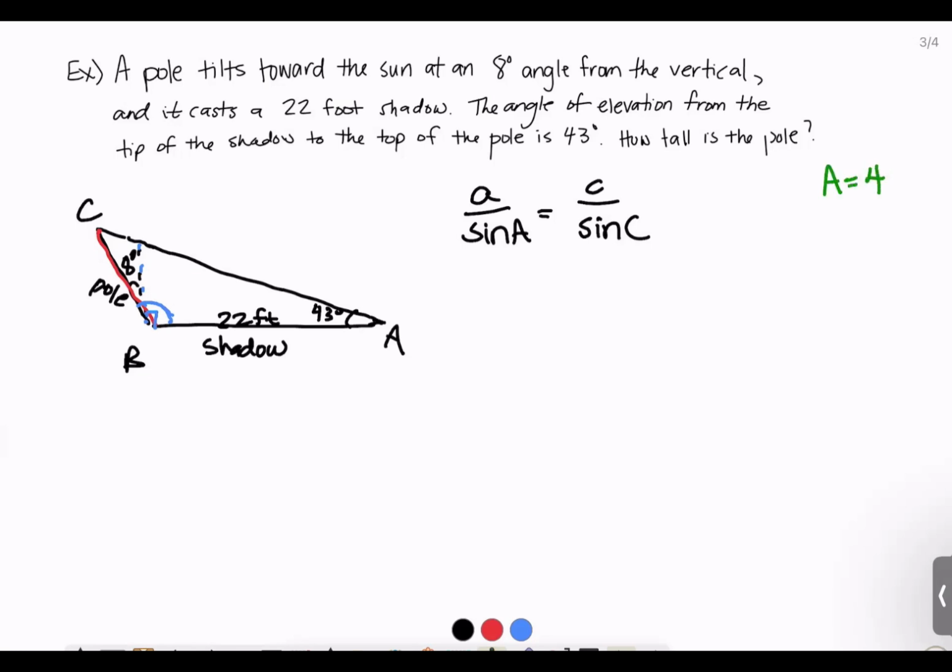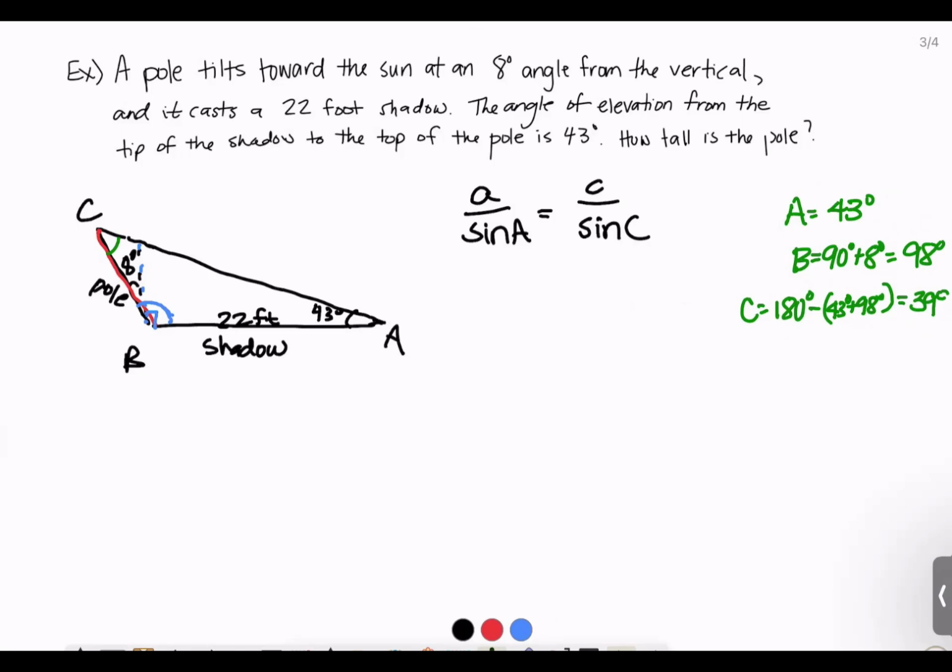So we know angle A. Angle B is 90 plus the 8, so it's 98 degrees. So what is angle C? It's whatever's left over. So we take 180 degrees and subtract 43 plus 98. So that's 39 degrees. 39 degrees is angle C.